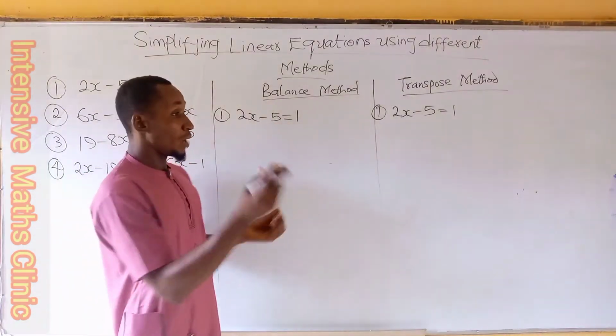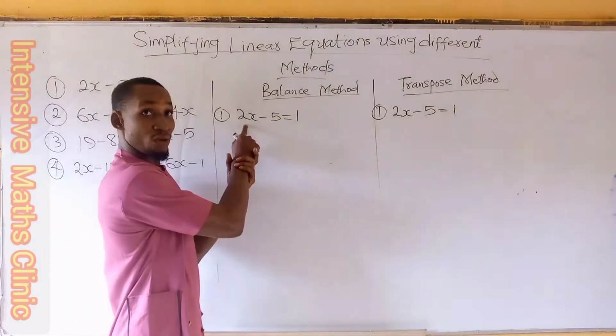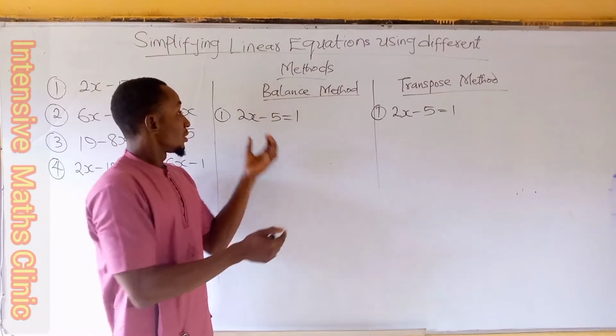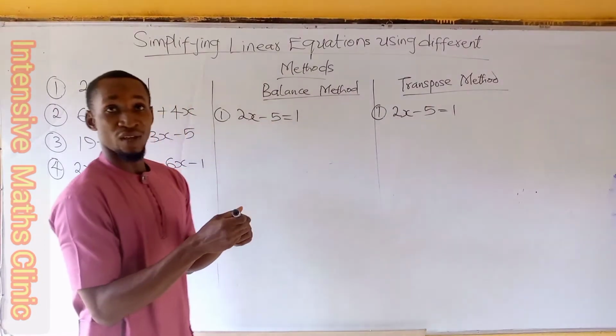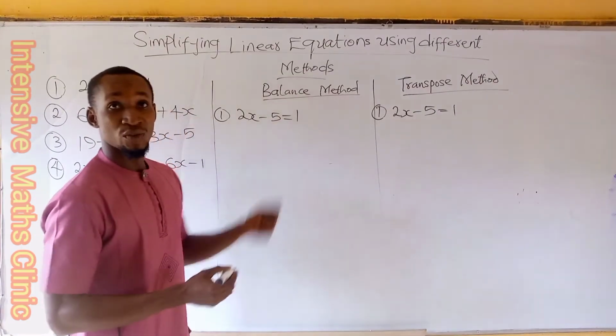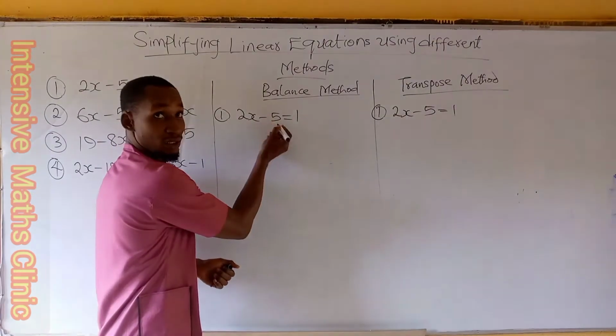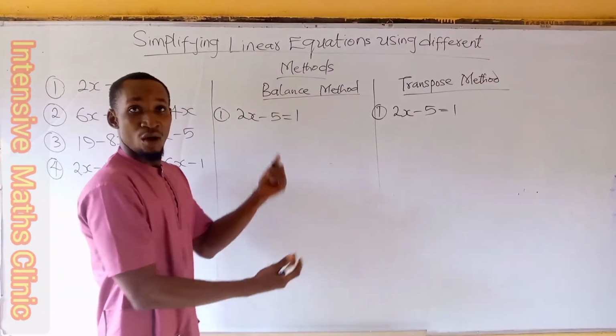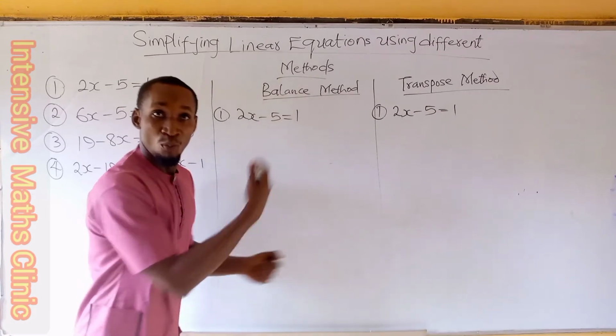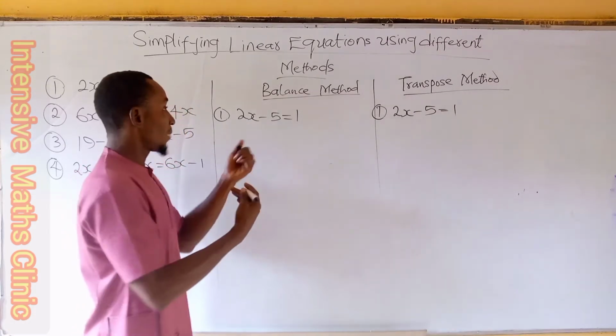We can equally use the additive inverse of 2x, which is minus 2x. So let's use the additive inverse of minus 5, which is plus 5. We add it to both sides.